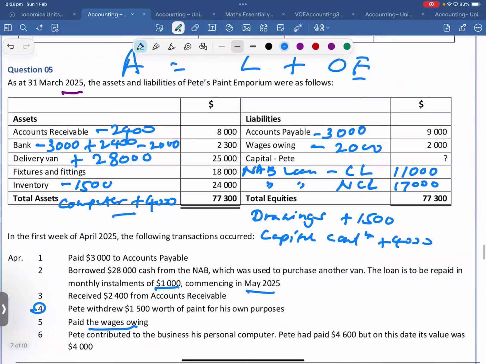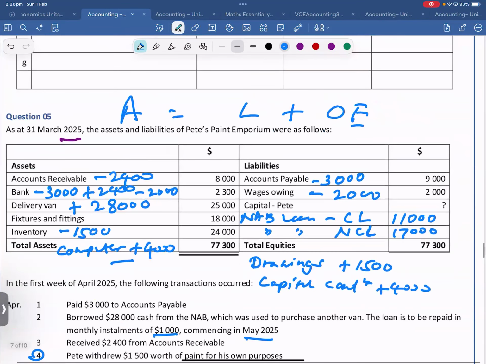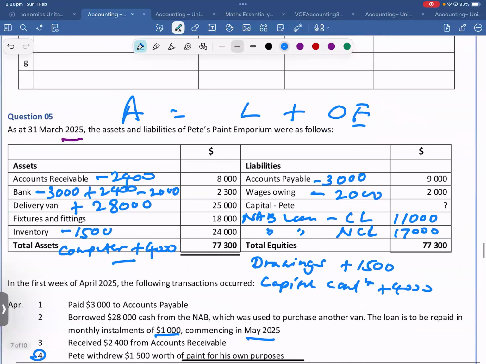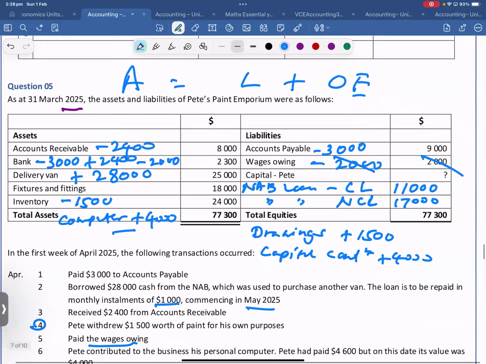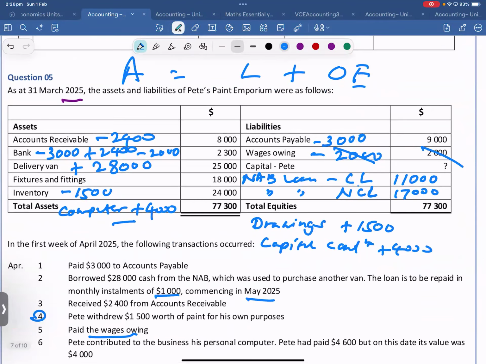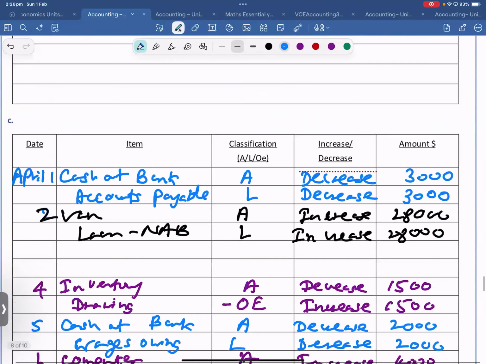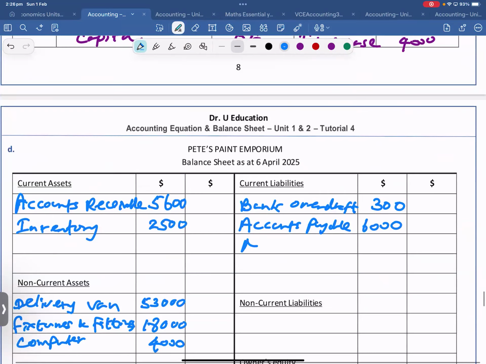Next one is wages owing, 0. That means you don't have to write it, because this 2,000 gets cancelled with that one. But we have NAB loan, current liability, how much? 11,000. Loan NAB 11,000.